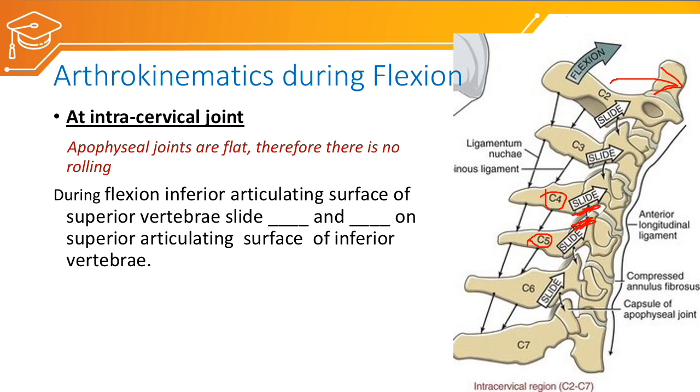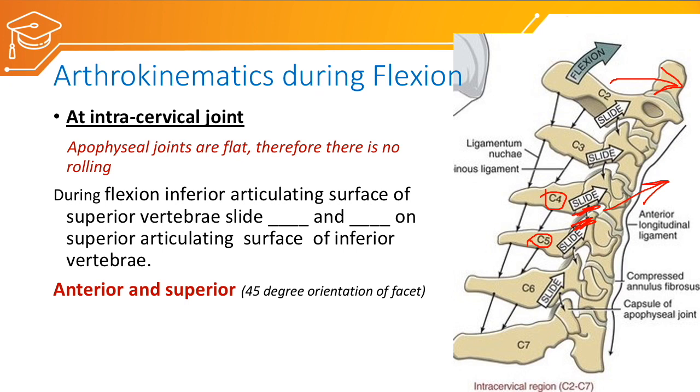So what will be the direction of movement? It is the anterior and superior direction slide of C4 on C5 during flexion. This superior direction is because of the 45 degree angulation, or the orientation, of the facet joint.